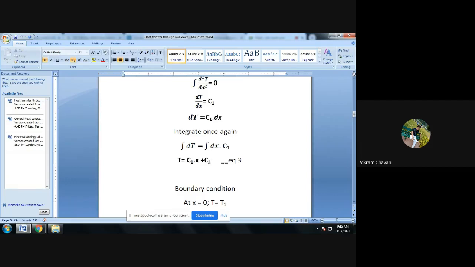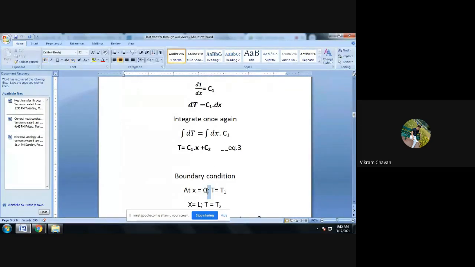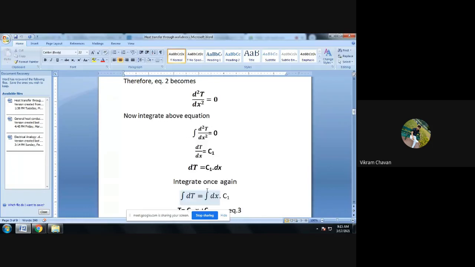Then there are boundary conditions. What are the conditions at the boundary of that particular body? That is nothing but the boundary condition of the particular object. Boundary condition means, when we start measuring, we have to start from 0.